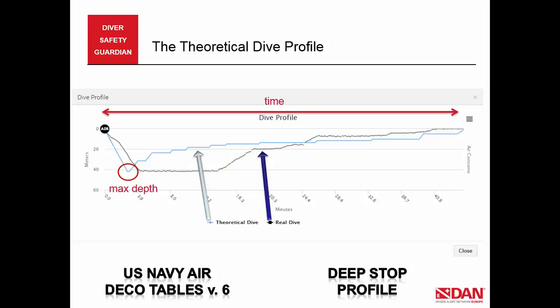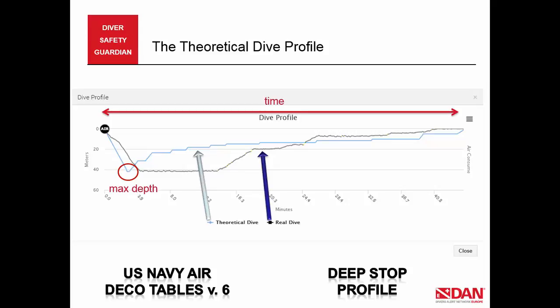So in order to provide a framework for comparison, DSG offers the opportunity to compare a given dive to a theoretical safe dive profile, also called an ideal dive, as calculated according to a tissue gas model, which is the Bühlmann ZHL-16C or US Navy version 6 air decompression dive table, as well as empirically guided deep stop profiles, which are the ones emanating from DAN Europe studies. This assists divers in deciding how to modify future dives.